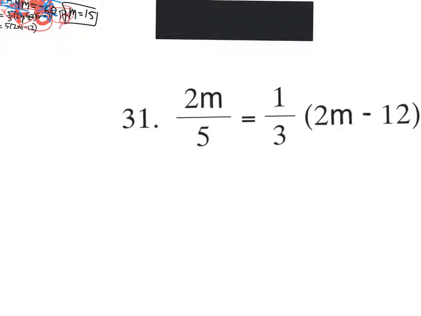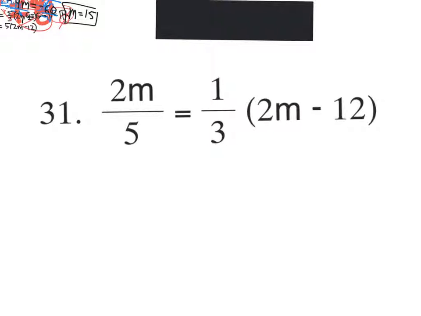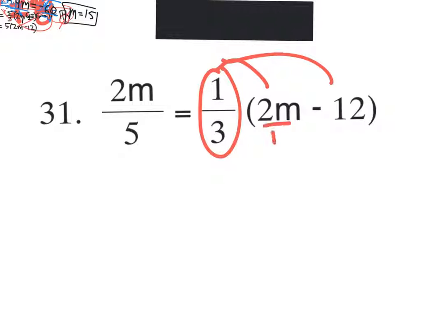Another way of doing it, I think LCD is the best. Multiply this by 15 and this by 15, I think that's the best. But another way of doing it is to deal with the fraction for a while and distribute. And you would actually have, put this over 1, and you would actually have 2 over 3 with an m on it.